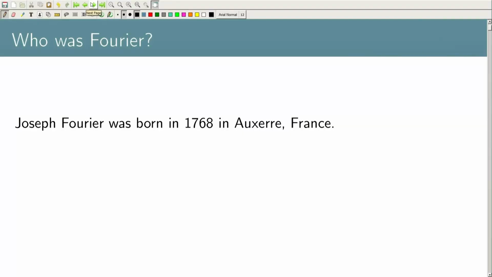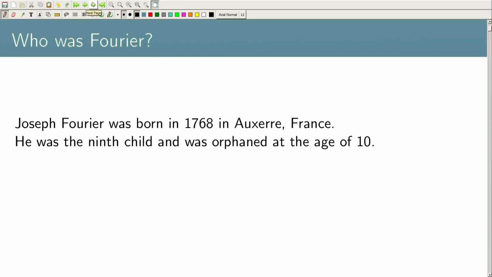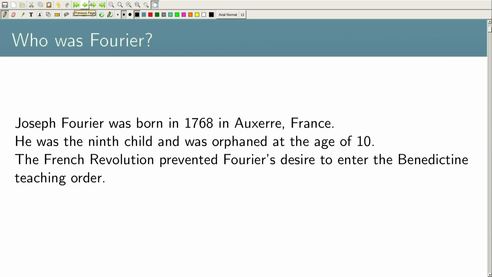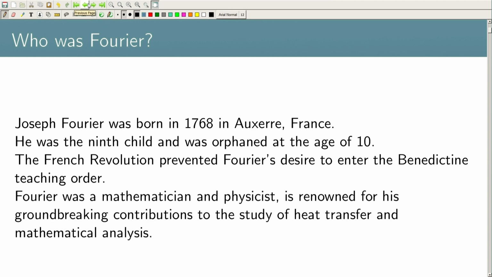Fourier was born in 1768 in Auxerre, France. He was the ninth child and was orphaned at the age of 10. The French Revolution prevented Fourier's desire to enter the Benedictine teaching order, which was basically reserved for elite people.